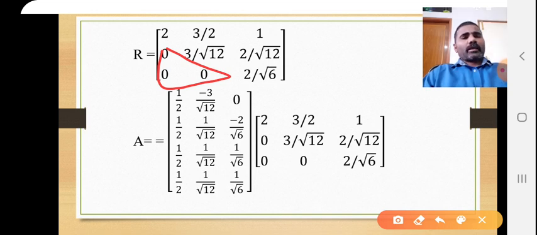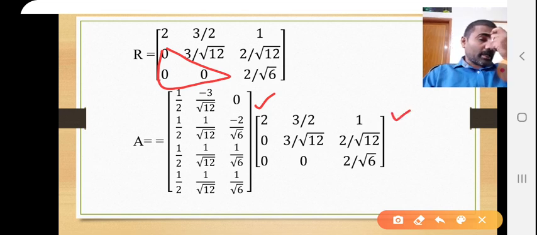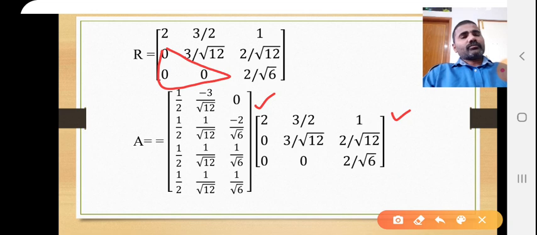Now A can be expressed as Q into R. First matrix is Q and this is R. If we multiply both of them, we can get A only. Now we can check it. 1 by 2 into 2 is 1, minus 3 by 2 into 0, 0, it is 1. First entry in the matrix A is 1.